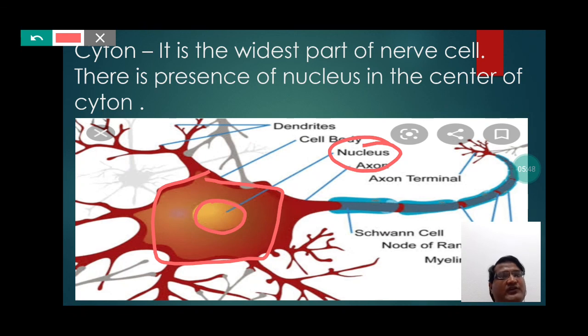Students, actually it is the nucleus which controls all the activities which is taking place in the nerve cell, and even the nucleus of the cyton further sums up all the sensory impulses brought by the dendrites, and further passes it to the axon.